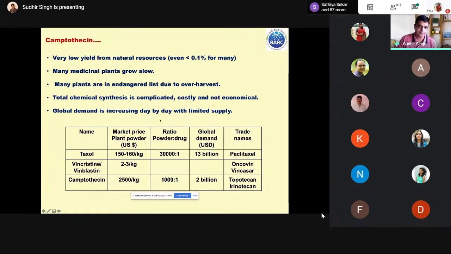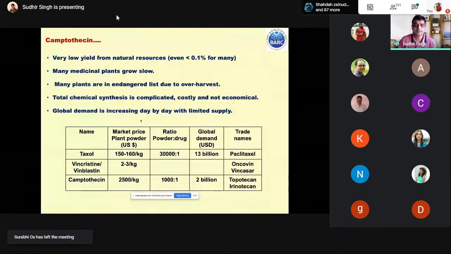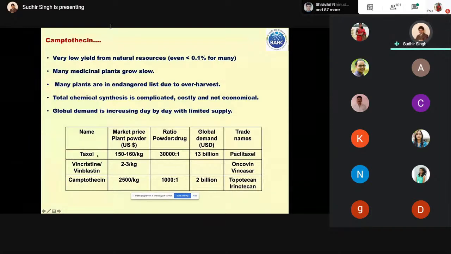Now the global demand for these compounds is increasing day by day, and with limited supply, the cost is going higher. To show you an example of why these have such high commercial value, take the case of Taxol that is produced from Taxus baccata. The market price is close to 150 to 160 US dollars per kg.